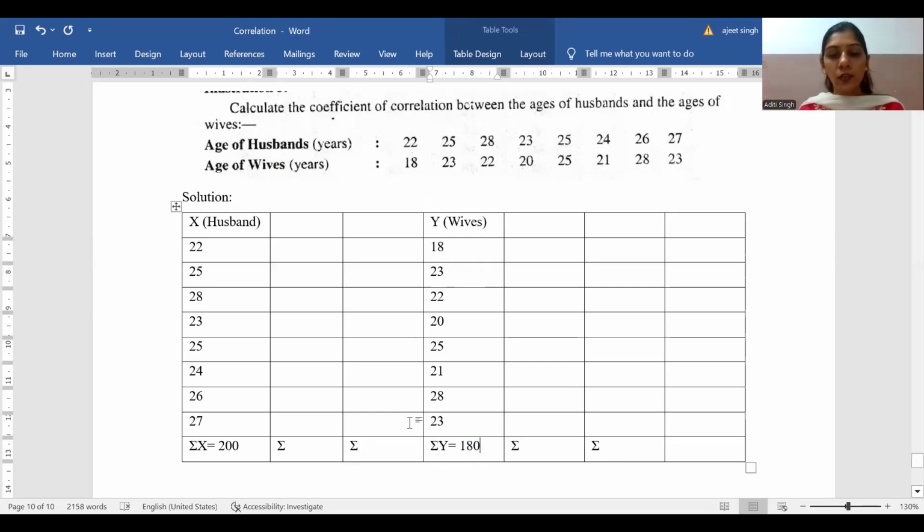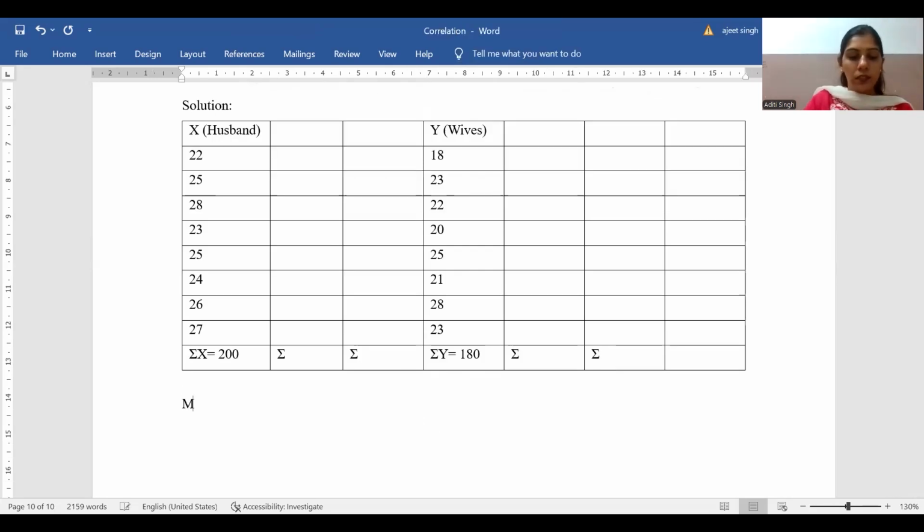So let's calculate the mean of x. Mean of x is equal to sum of x divided by n, and value of n is 8. We have already discussed this. 200 divided by 8, so the mean of x will be 25.